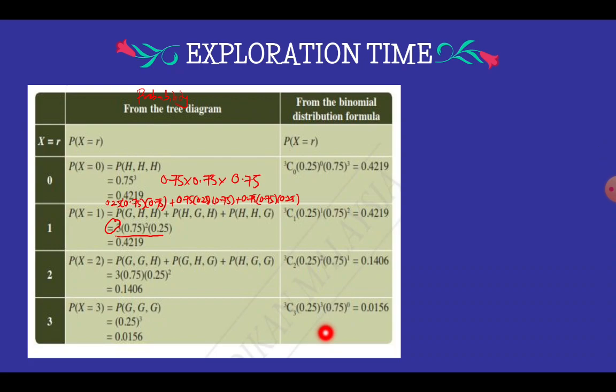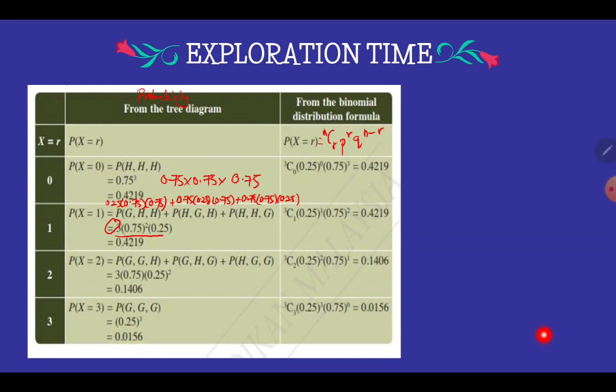But from the binomial distribution formula, P(X equals r) is the product of nCr, p to the power of r, and q to the power of n minus r. So 3C0 times 0.25 to the power of 0 times 0.75 to the power of 3 gives a value of 0.4219.